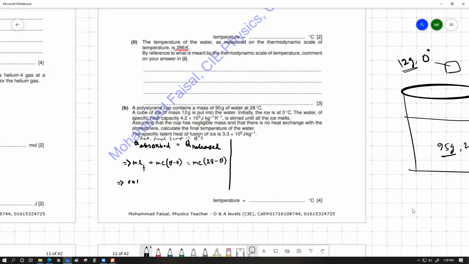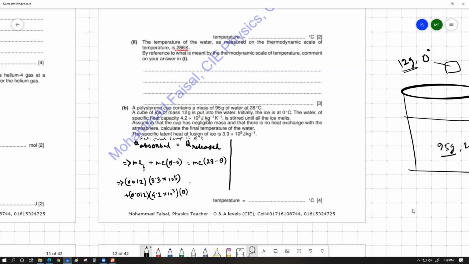So 0.012 multiplied by 3.3 into 10 to the power 5, plus 0.012 multiplied by C, which is 4.2 into 10 to the 3, multiplied by theta.